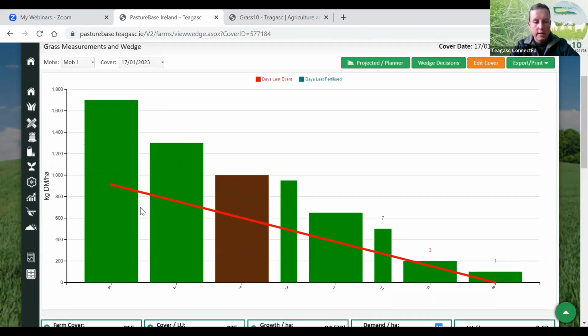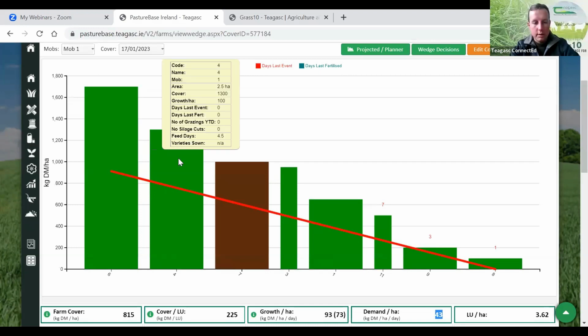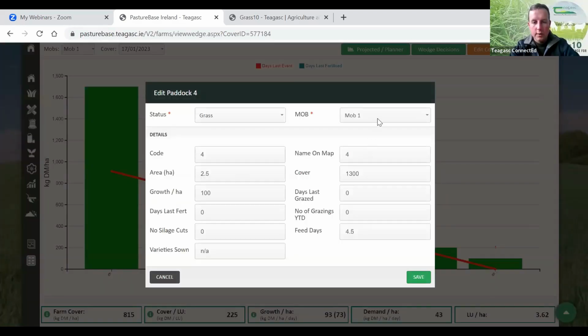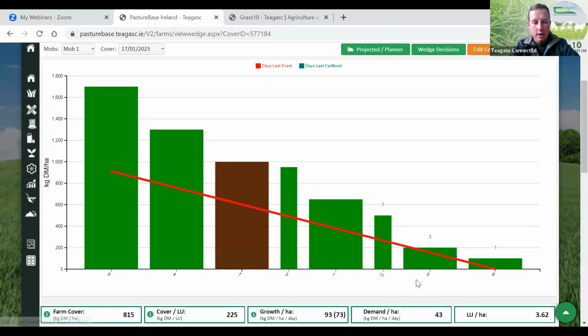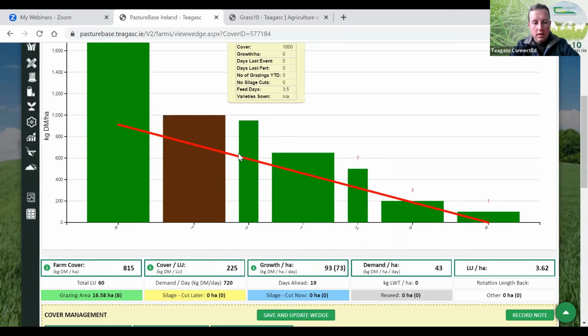So what I could do here is, I know the cows are going in here next, but I might give this one over. I might swap it to the sheep, and I'll save that as mob 2. So that gets my cover per cow back down on this scenario, and my days ahead is back down to 14.